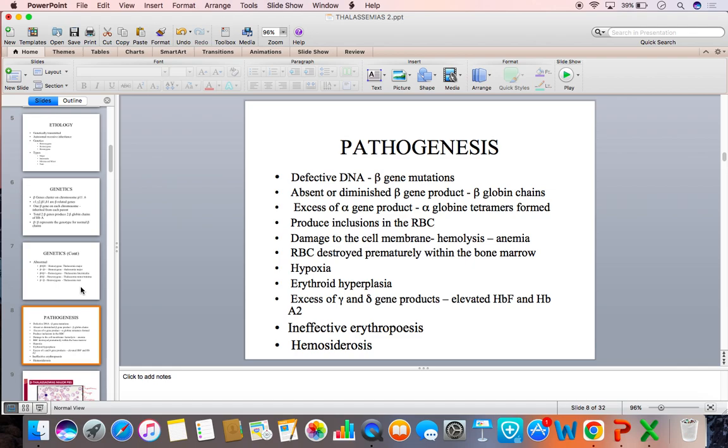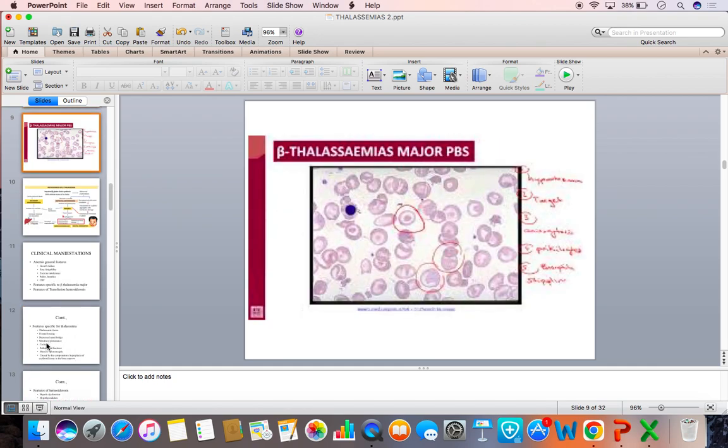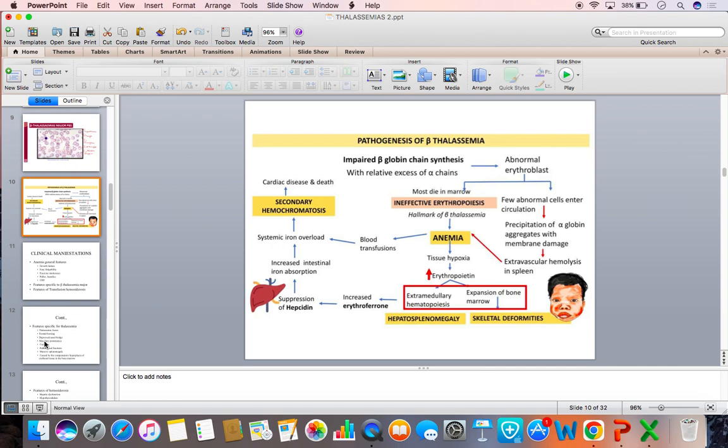This is because of the production of erythroferrone by the liver, which facilitates the increased absorption of iron from the gut, and in turn suppresses the production of hepcidin.